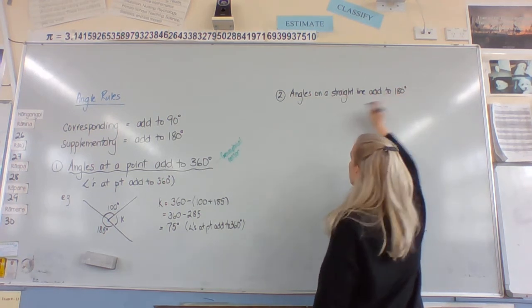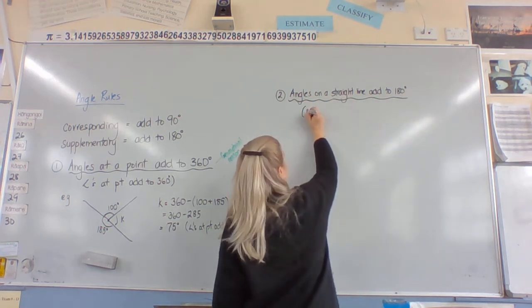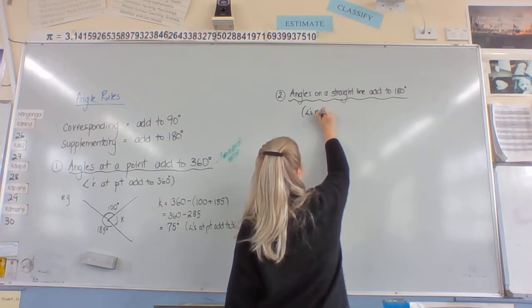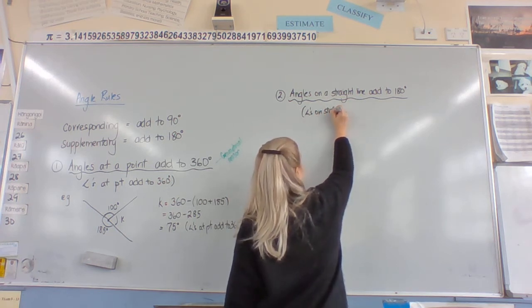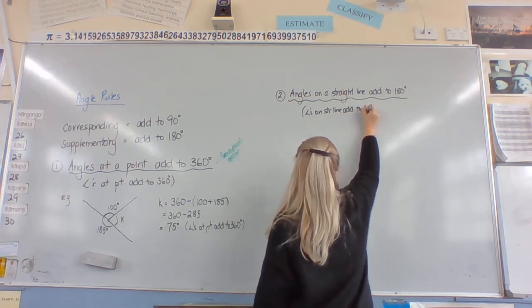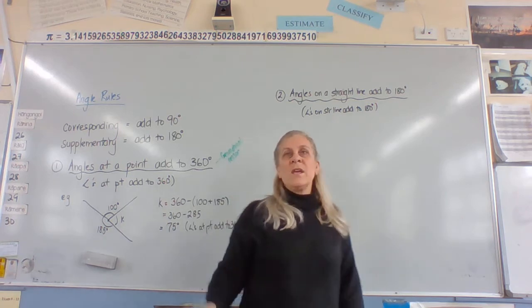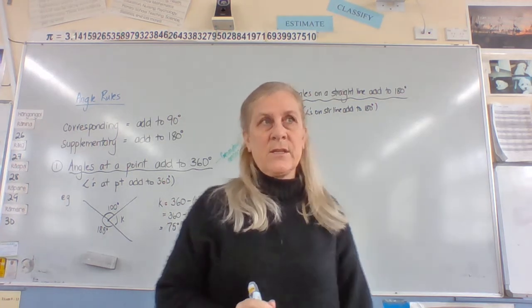Good. Short form of this, angles on STR LINE add to 180. You can write it in full or you can write it in short form. You can't write it any shorter than that.